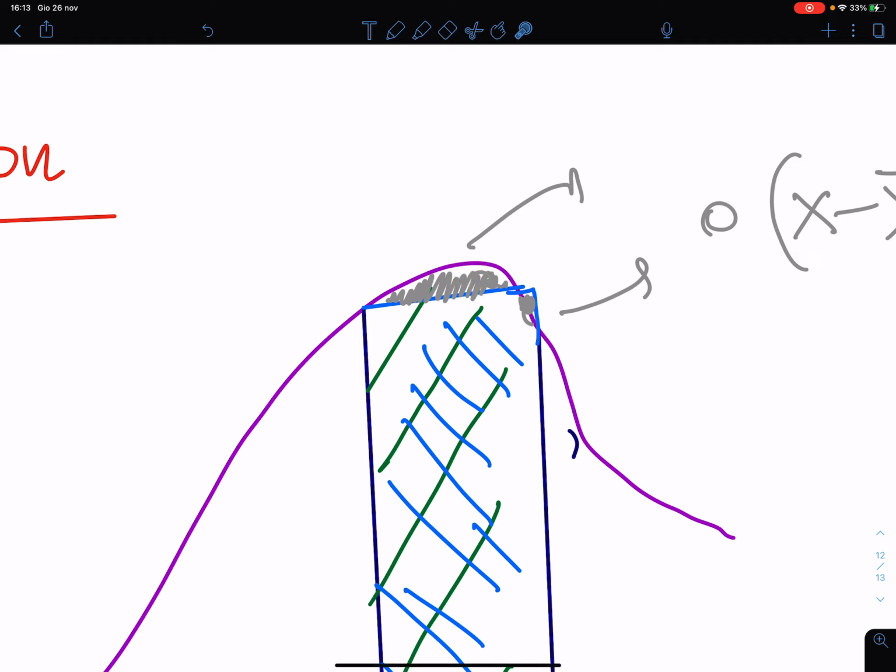It seems to be elementary, but it is not, because the fact that the height goes to 0 requires the continuity of the function. Because otherwise, if there is a jump here, a jump at X bar, the gray area would not go to 0, but the continuity forbids jumps and then gives the gray area another reason to go to 0.